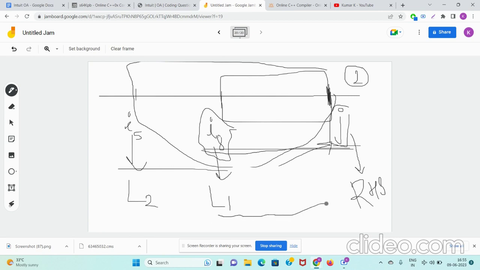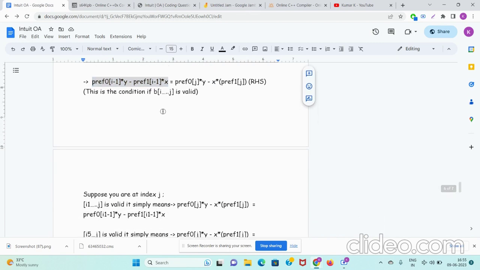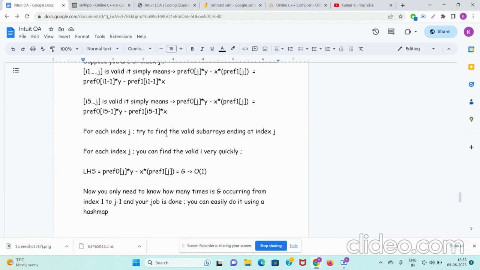If L1 is matching the RHS, it means this is also a valid subarray. If L2 is equal to RHS, it means this is also a valid subarray. So basically, for each index j, we are trying to find the valid subarrays which are ending at index j.